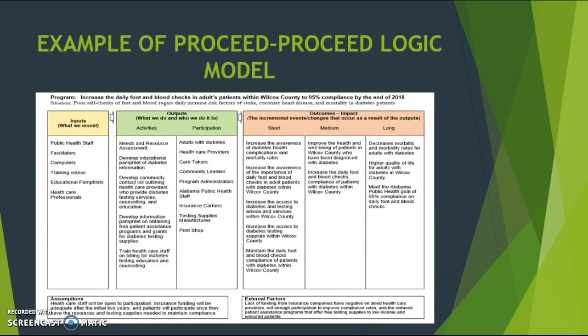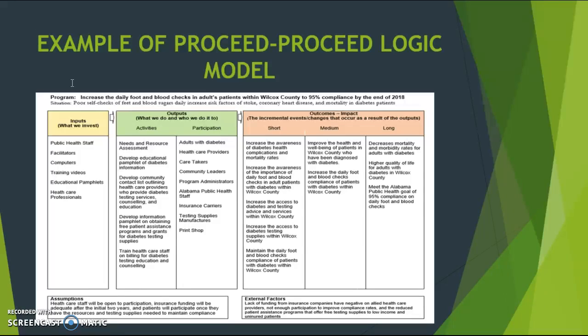So here is an example of my logic model based on my Precede-Proceed model in my final paper. We looked at the program, which was to increase the daily foot and blood checks of adult patients in Wilcox County to 95% compliance by the end of 2018.